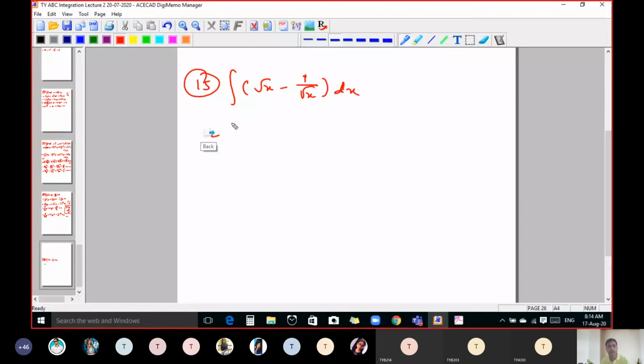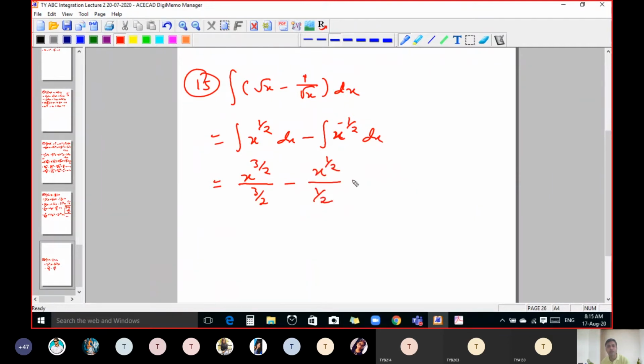Now you can write this as x raised to 1 by 2 dx minus integration of, once again this is x raised to 1 by 2, but if we take it to the numerator it becomes minus 1 by 2. And now use the formula. So here the power is 1 by 2 plus 1, that means 3 by 2 upon 3 by 2, minus, here the power is minus 1 by 2, add 1, so minus 1 by 2 plus 1 is plus 1 by 2.